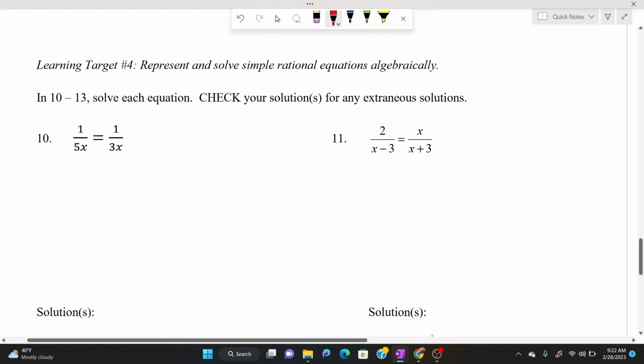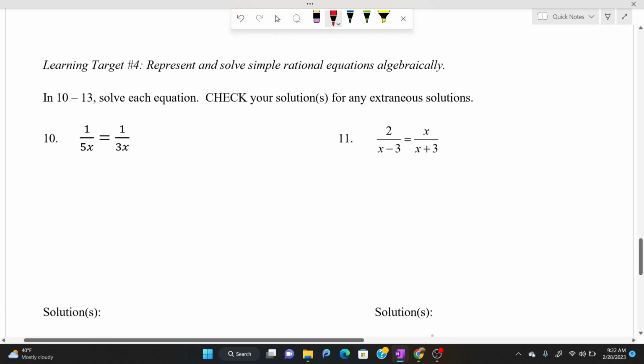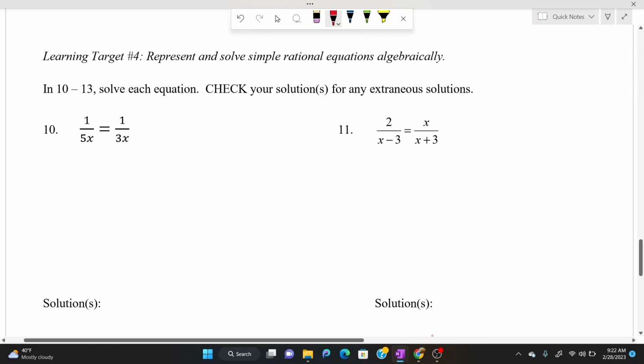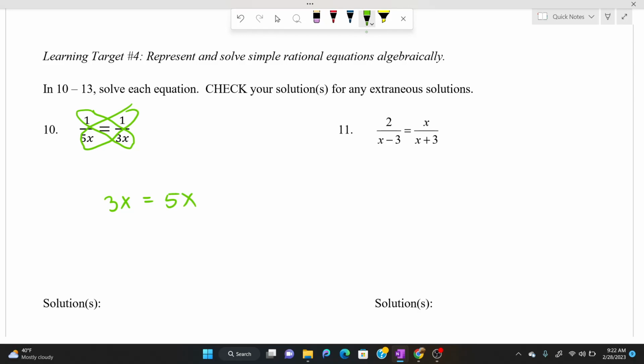All right, learning target 4, represent and solve simple rational equations algebraically. So I'm not going to do all these, but I will do some. You cross multiply. I'd get 3x equals 5x. Oh, sorry.